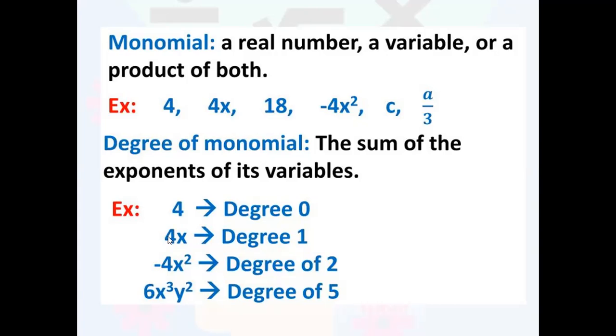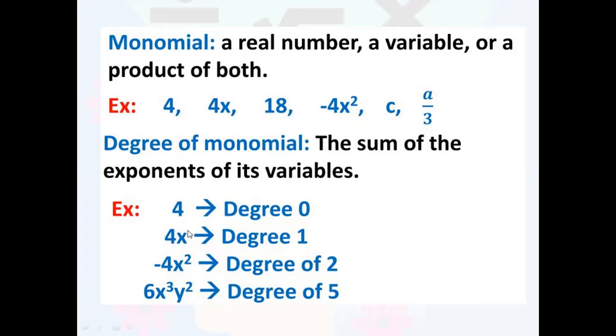Then here it is with a variable. If a term is with a variable, we say the degree of this monomial is 1. Similarly, the degree for this monomial is 2, meaning the value of the exponent is 2 here. For this, it was 1.